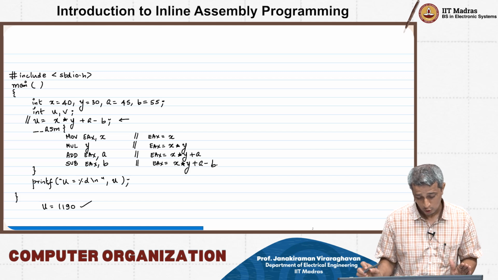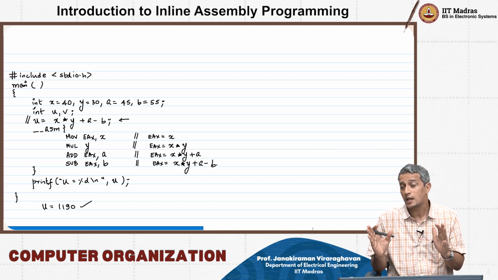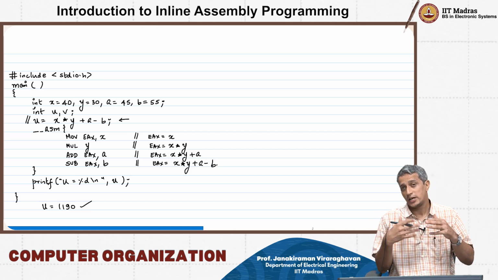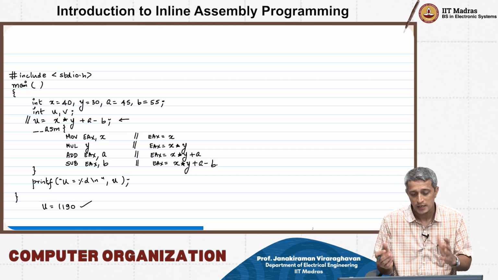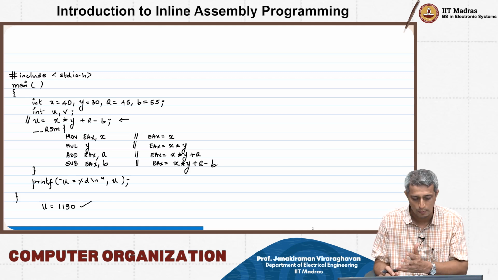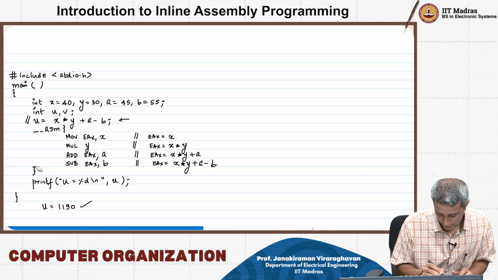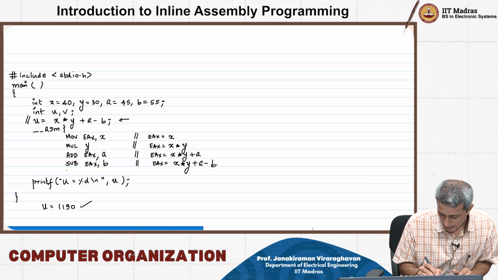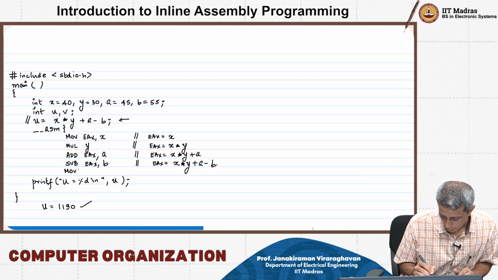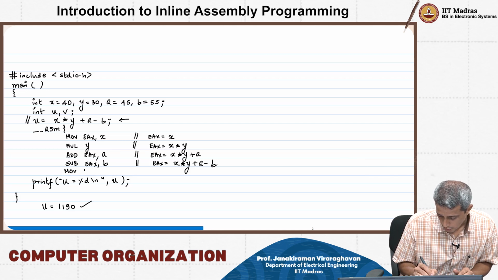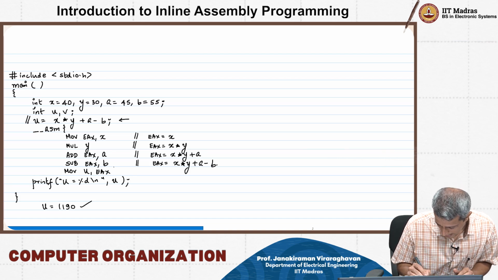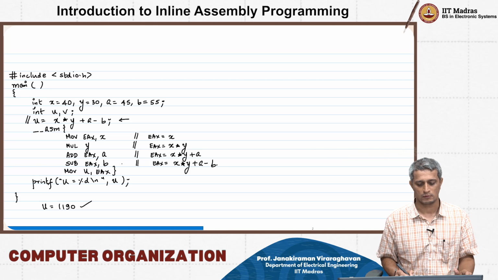Okay, now of course the answer that we have calculated is still in EAX, but I want that answer to go into the variable u, and for that reason I need to add one more instruction, which is move u comma EAX, and then I will close the bracket here.